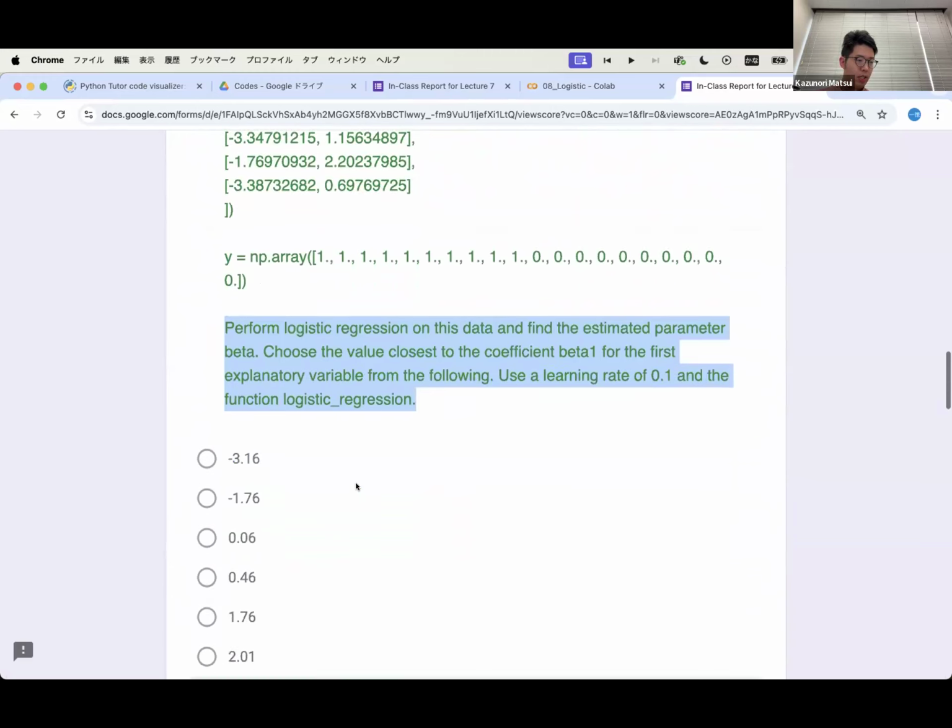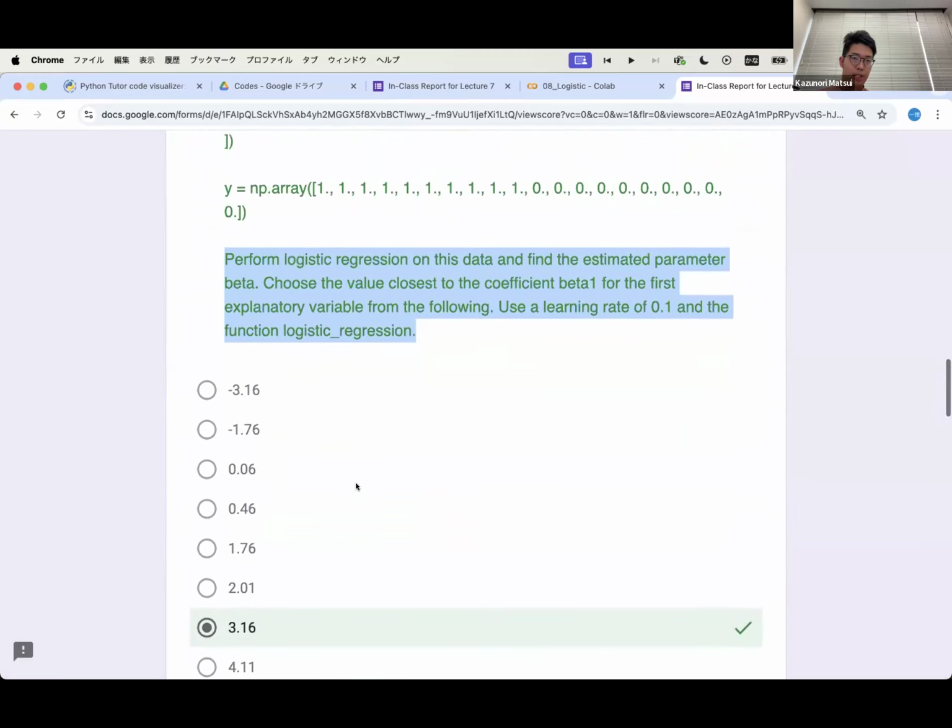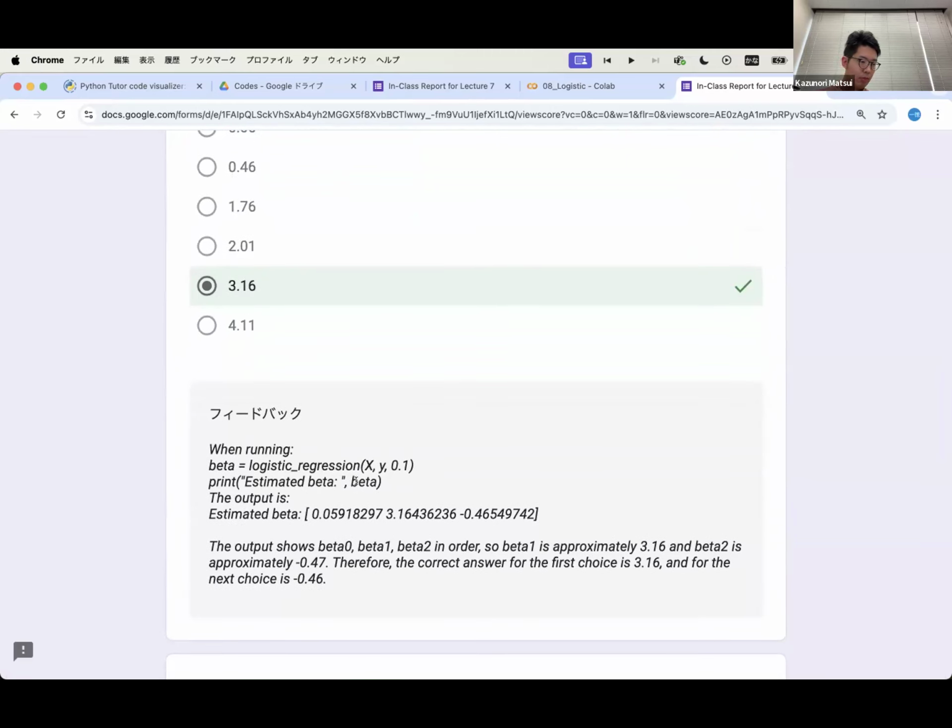So when we estimate parameters using logistic regression with this x and y data and output the data, we get a result like this. The output shows beta 0, beta 1, beta 2.